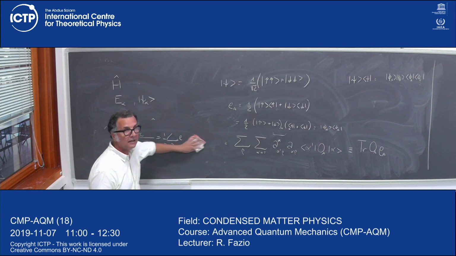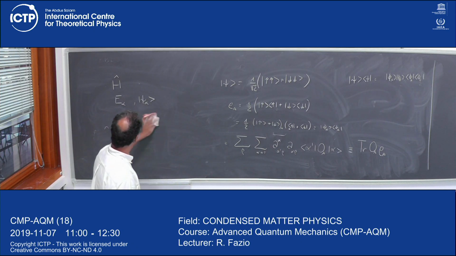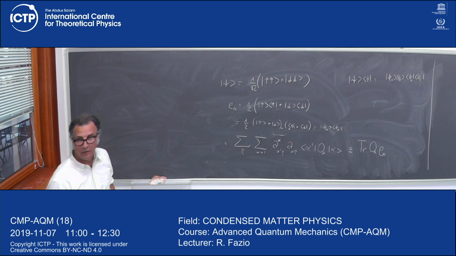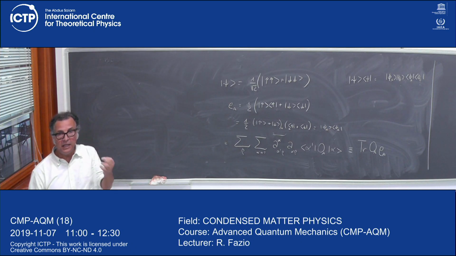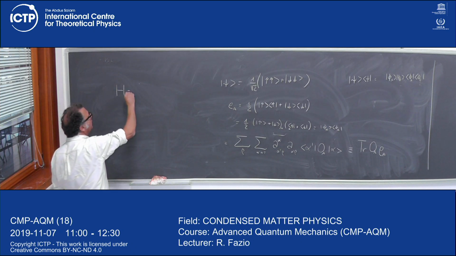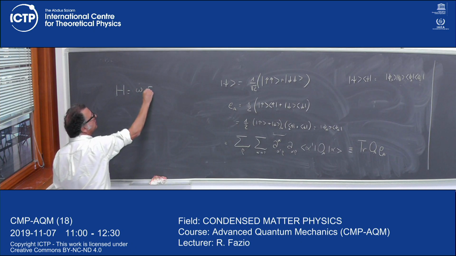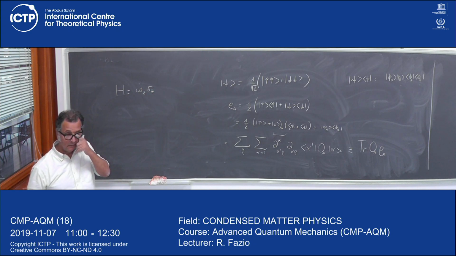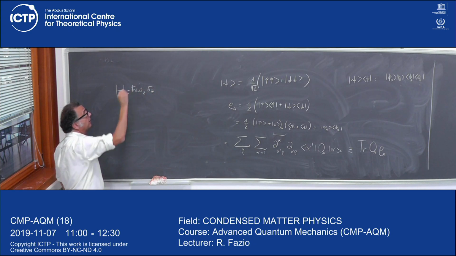Okay, and the last but not least exercise is, suppose that you have a spin whose Hamiltonian is something like omega z times sigma z, times h bar.